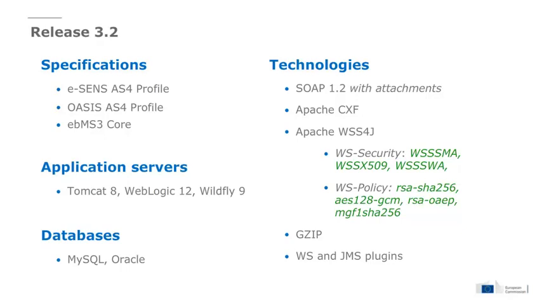Now, the access point software, in this case Domibus, should be run in an application server like Tomcat 8, WebLogic 12, and WildFly 9. It generally uses a database. It can use an open source database such as MySQL or Oracle.